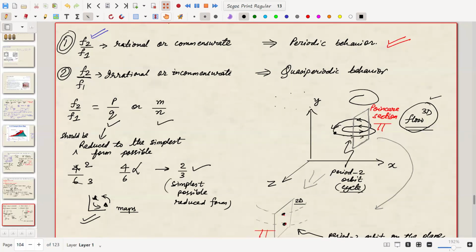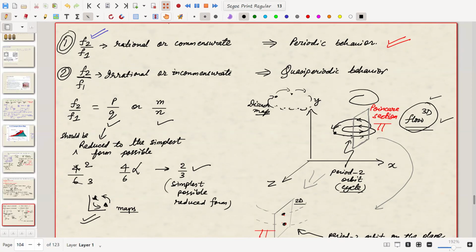This is a periodic orbit in a continuous system. In discrete, you see discrete points for a periodic orbit: it goes to here, here, here, then it comes back again. This is a discrete map, right? But this is a flow. If you see, it is a continuous curve winding around.